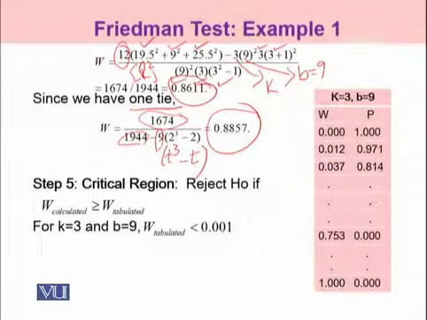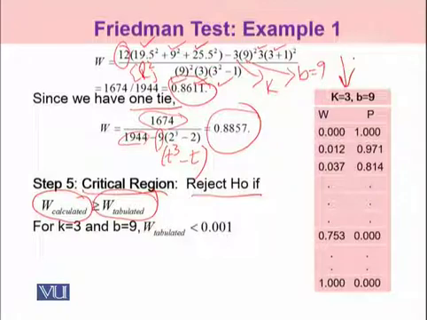Once we are done with that, we would have to design the critical region. We reject H naught if our calculated W value is greater than our W tabulated value. Students, I've shown before you a portion of the Kendall's coefficient of concordance table.